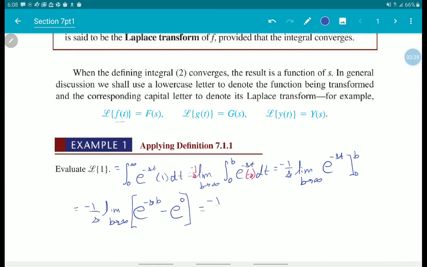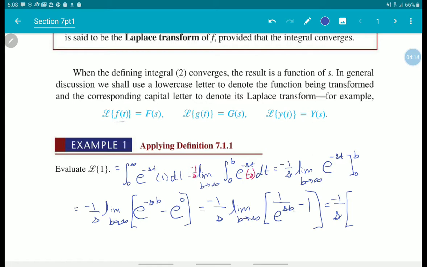So I'm going to rewrite this, rewriting that e to the negative sb as 1 over e to the sb, and e to the 0 is equal to 1. Now we want to apply that limit. We've applied the fundamental theorem of calculus in the step before. Now we want to know what's happening as b goes to infinity.